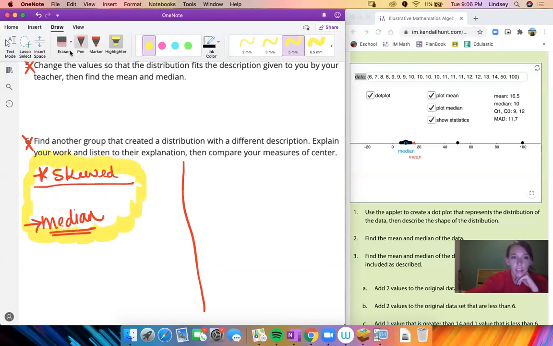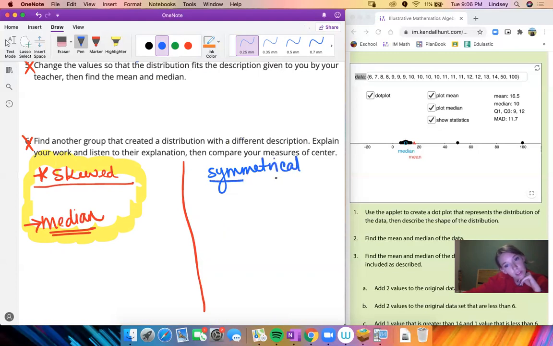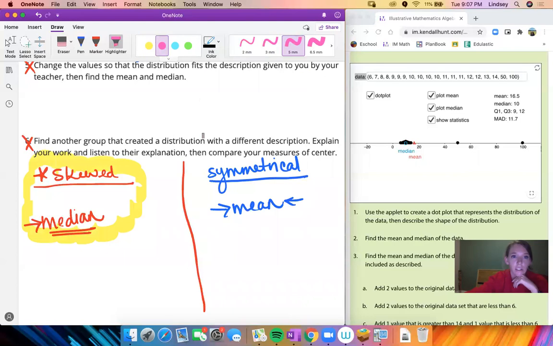If our data is symmetrical, then you are going to use the mean to find the typical value, to answer any of the questions.